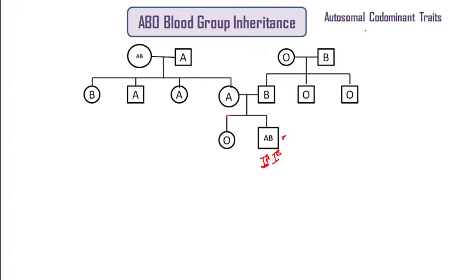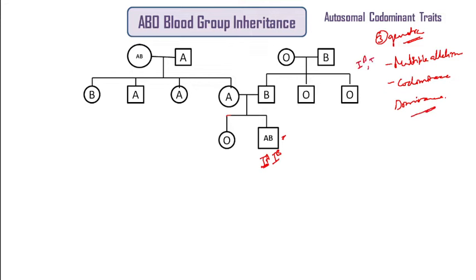Before I proceed, let me tell you there are three genetic phenomena associated with human blood grouping: multiple allelism, codominance, and dominance. Multiple allelism, because there are three alleles responsible for determining the blood group.